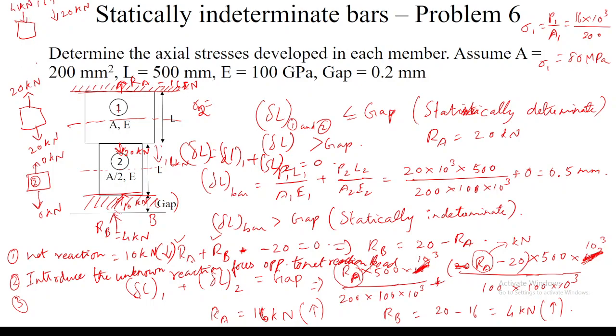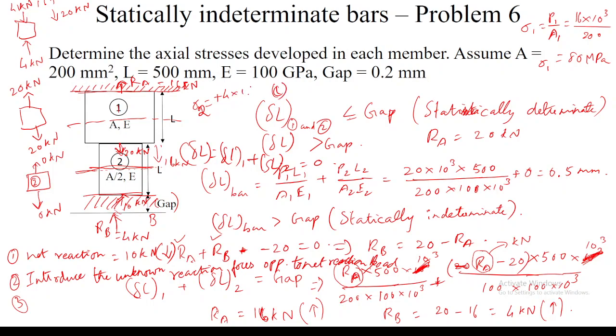And looking at this cross section, in the downward direction 4 kilonewton is acting upwards. So is this a tensile load or compressive load for member 2? Compressive load, sir. Yes, compressive load. So I will introduce a negative sign, or else I will use a positive sign and write compressive.